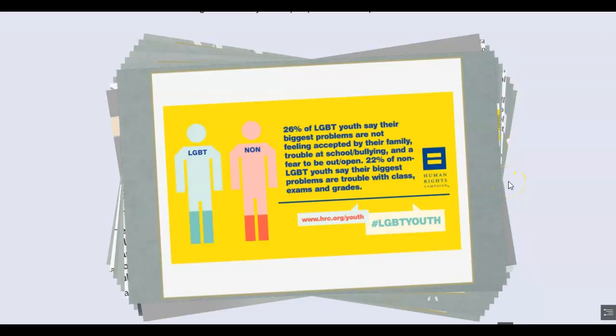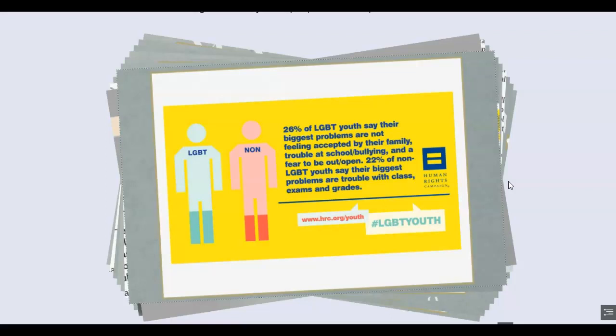So according to this, 26% of LGBT youth say their biggest problems are not feeling accepted by their family, trouble at school, bullying, and a fear to be out or open. 22% of non-LGBT youth say their biggest problems are trouble with classes, exams, or grades.